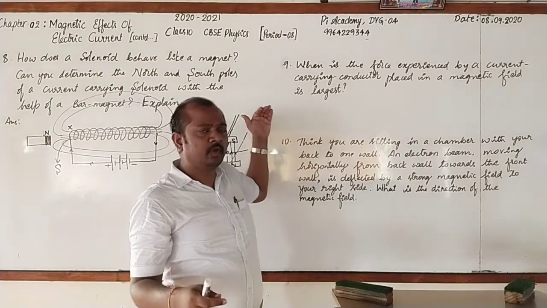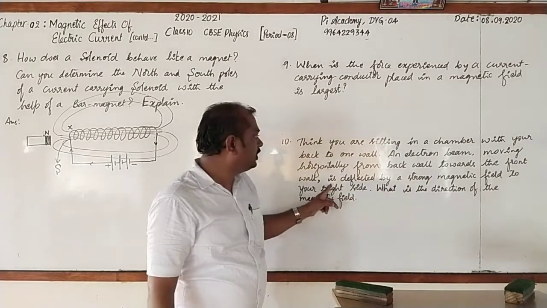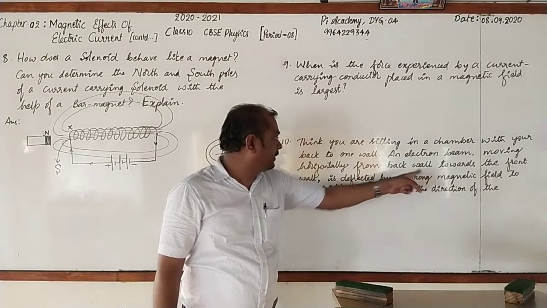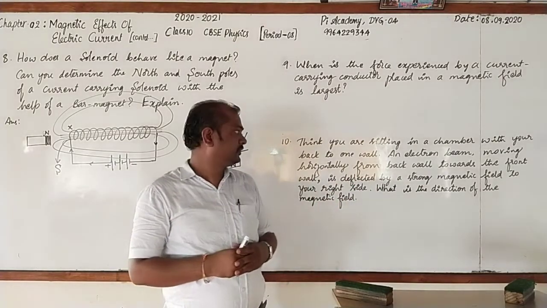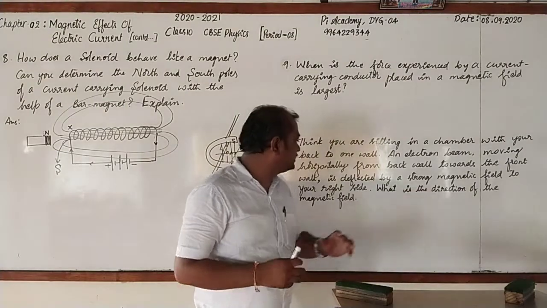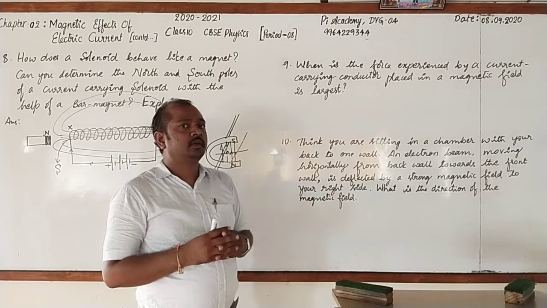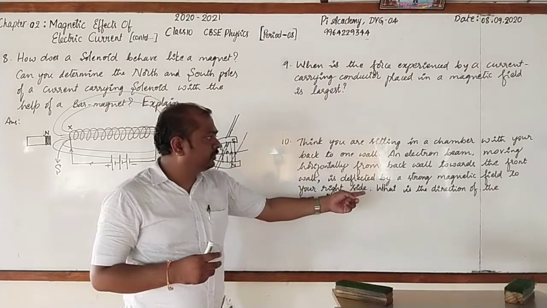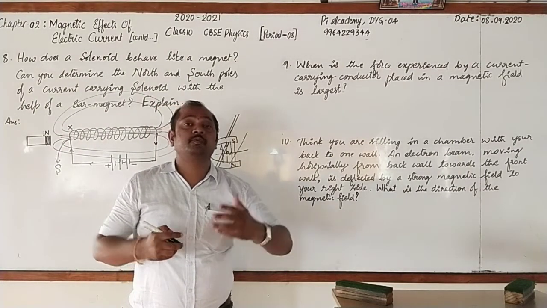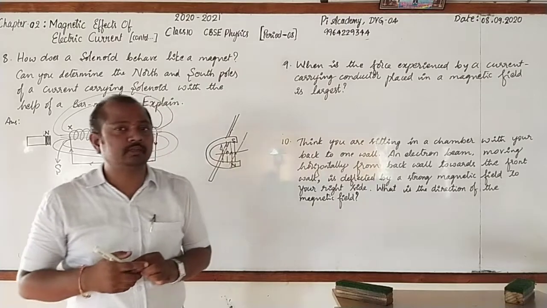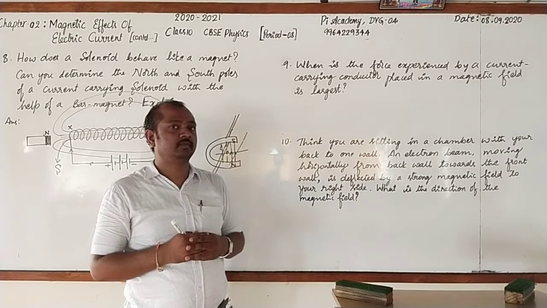The electron is moving from this back wall to front wall, and is deflected by a strong magnetic field to your right side. Then what is the direction of the magnetic field? To find out the direction of the magnetic field, which law or which rule would you like to use? Fleming's right hand rule or left hand rule?